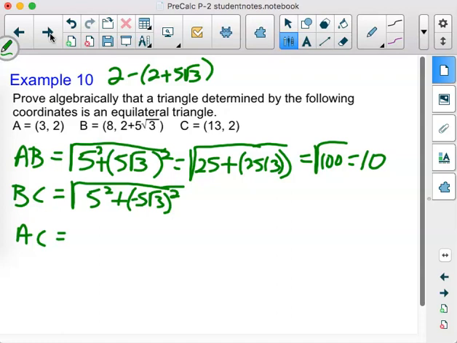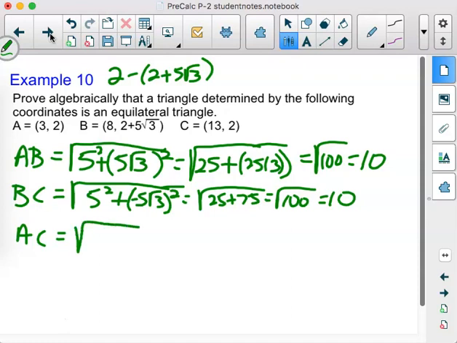But again, once we square it, we're going to get the same thing. We're going to get the 10. And then from A to C, 13 minus 3 is 10 squared. 2 minus 2 is 0 squared. Square root of 100, 10. It worked. So we need to say that.